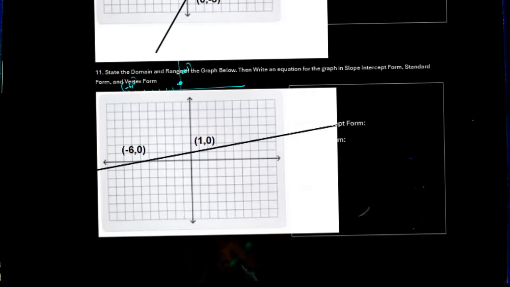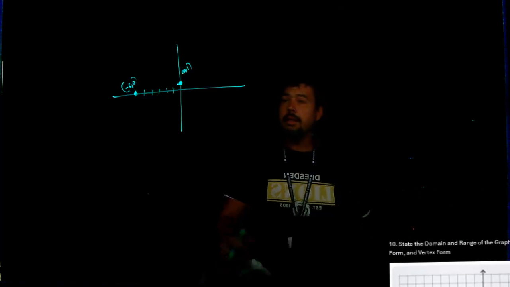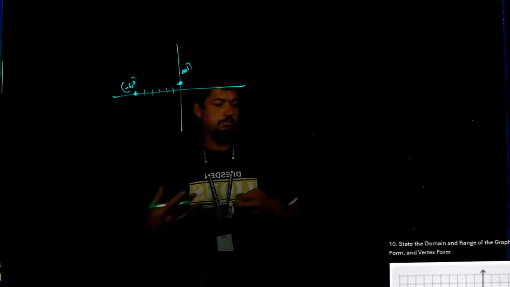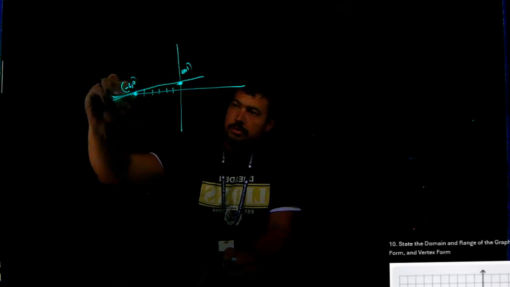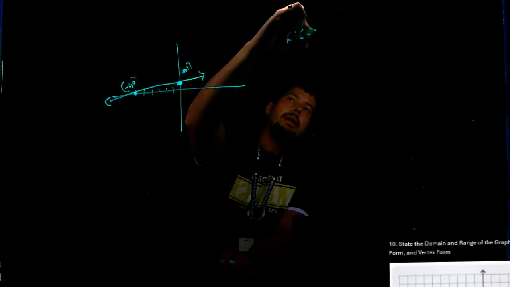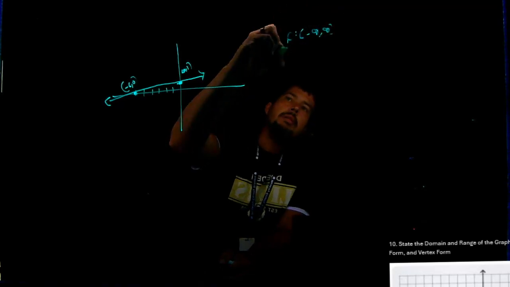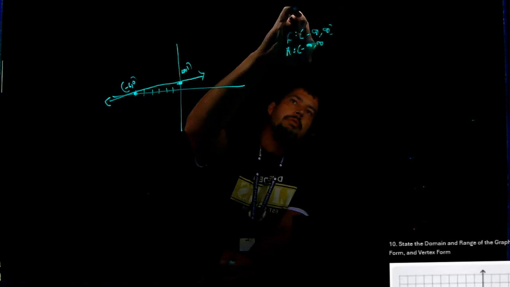Even I get my X's and Y's backwards sometimes. Anyways, the goal here is to do some stuff, right? First thing up is domain and range. Domain, it's a slanted line, -infinity to infinity. Range, it's a slanted line, -infinity to infinity.